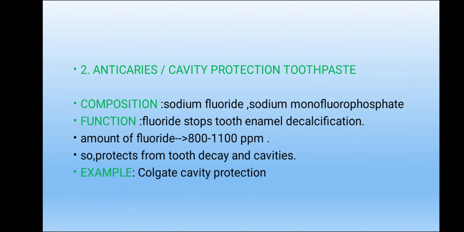We have already discussed that caries is formed by demineralization of the inorganic portion and dissolution of the organic portion. So this fluoride ion stops the enamel decalcification. Hence it prevents caries. The amount of fluoride present is between 800 to 1100 ppm. So it protects the tooth from decay. For example, Colgate Cavity Protection.